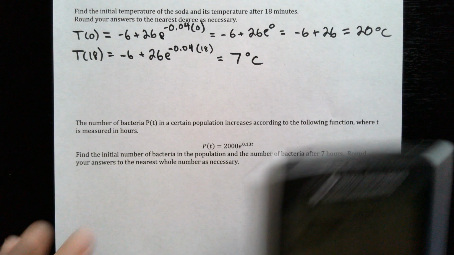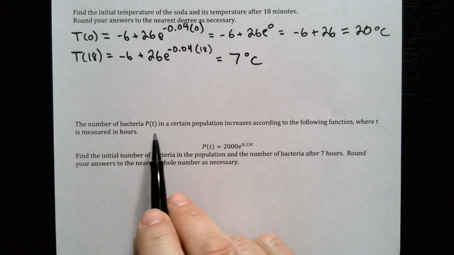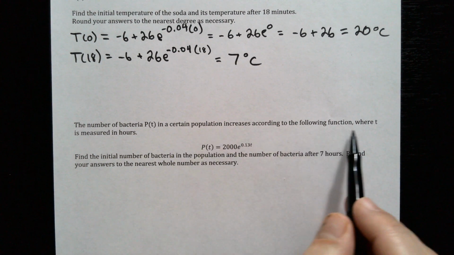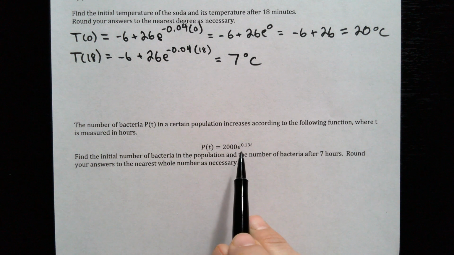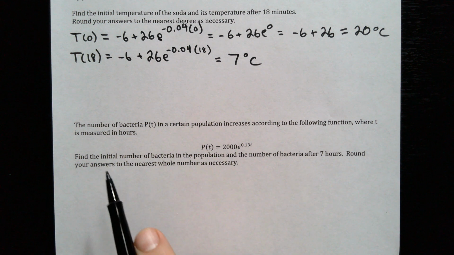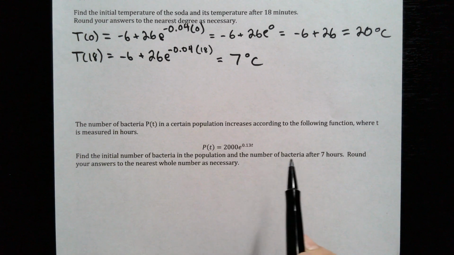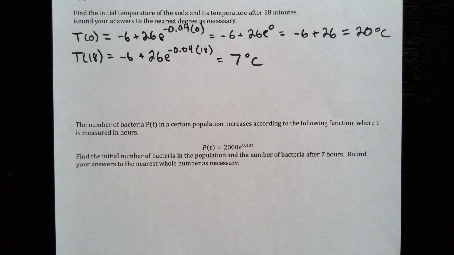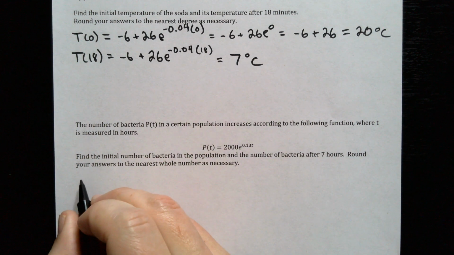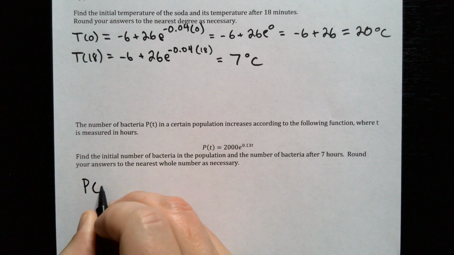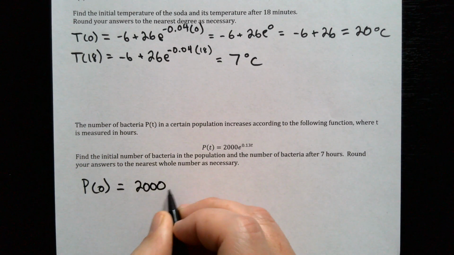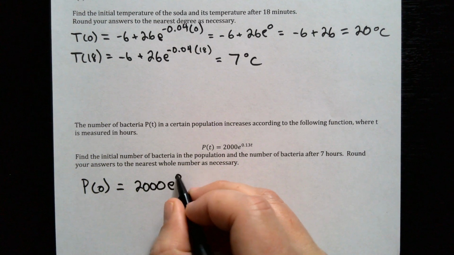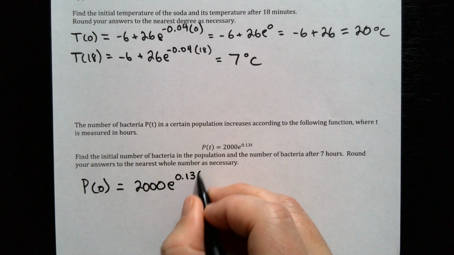Okay, so let's look at the next one. The number of bacteria in a certain population increases according to the following function, where t is measured in hours. Here's the function. Notice the base of e there. Find the initial number of bacteria and the number of bacteria after 7 hours. Okay, so initial, remember, means time is 0, no time has passed, so P of 0 is 2000e to the 0.13 times 0.